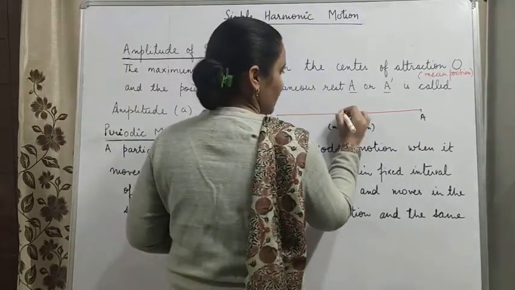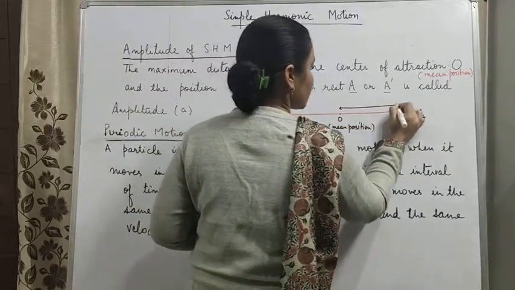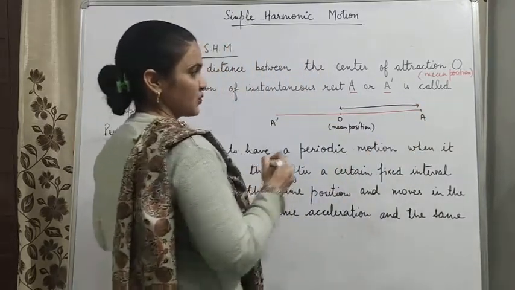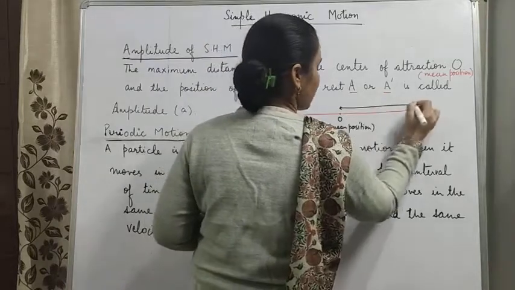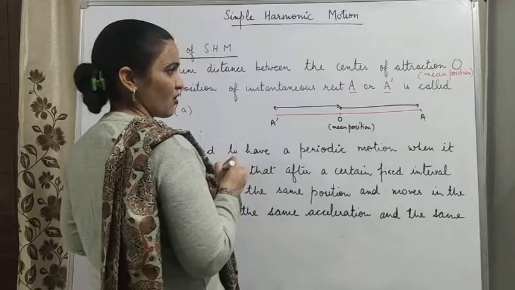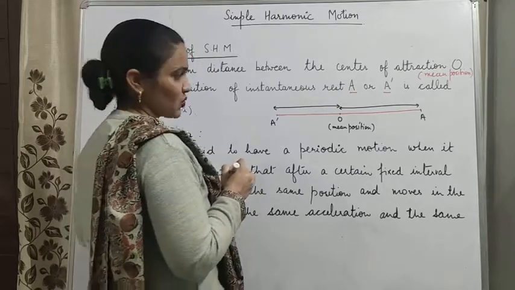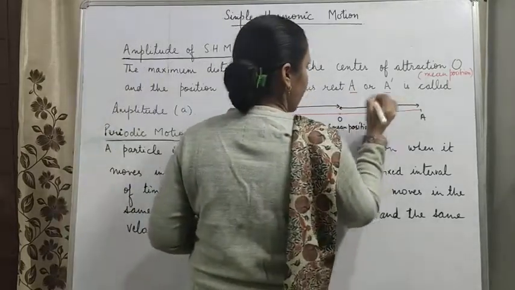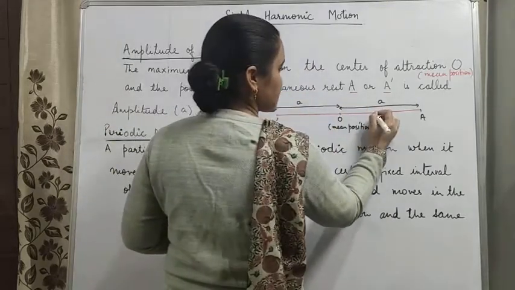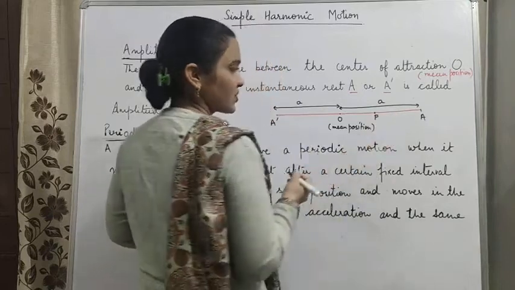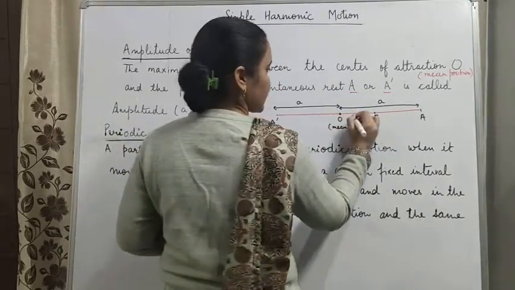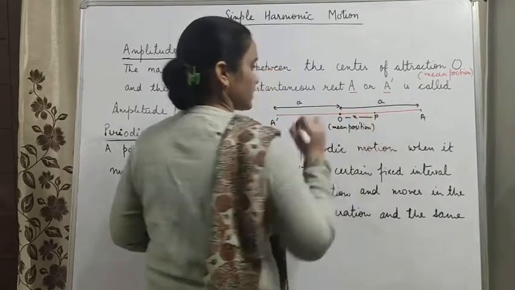The distance from the mean position to the position of instantaneous rest is called amplitude. So this distance is amplitude, as well as this distance, and it is denoted by small a. Clear? And the distance of a particle at any position P from the fixed point, or mean position, is taken as x.